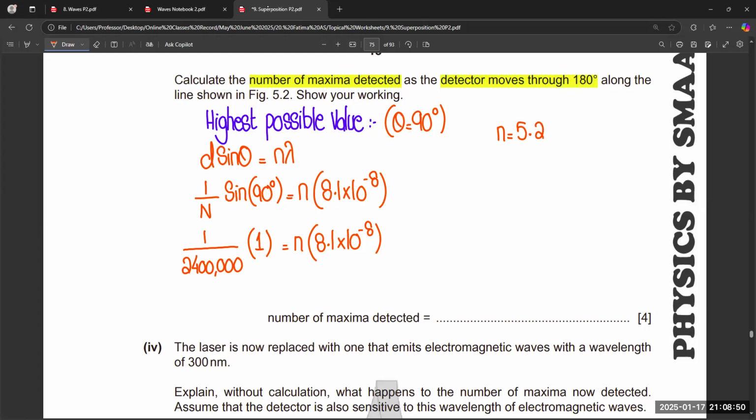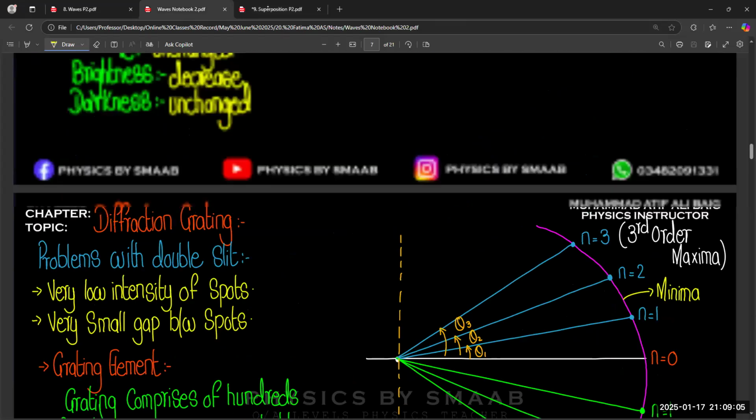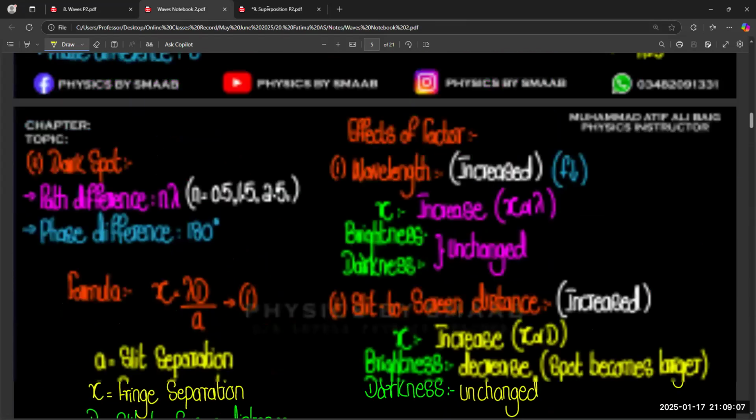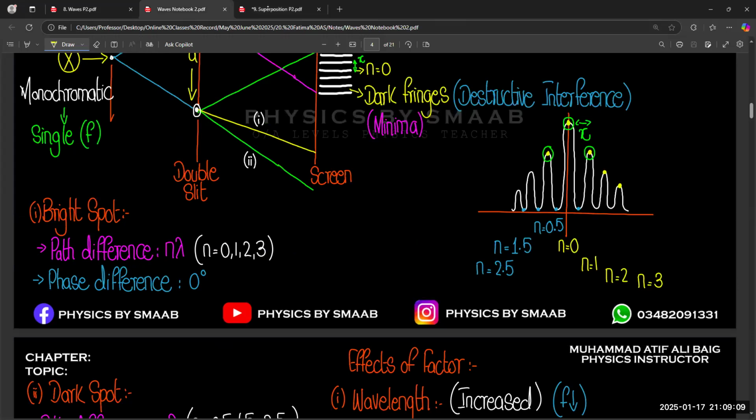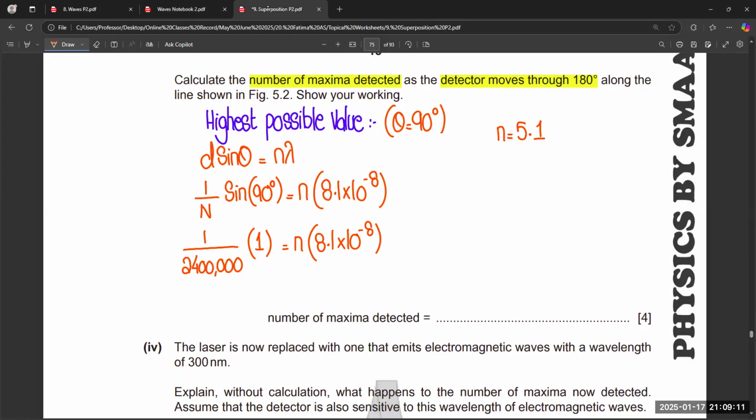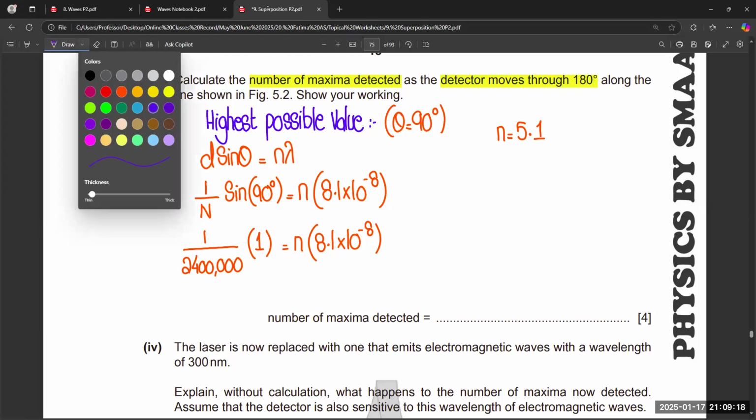I got 5.1. Okay, 5.1. So it means, rounding off, there are five orders, right? Because point 1 is not any order according to the bright and dark fringes, right? It is either 1 or 0.5 and so on. So we can round it off to 5. So it means there are a maximum of 5 orders on one side.